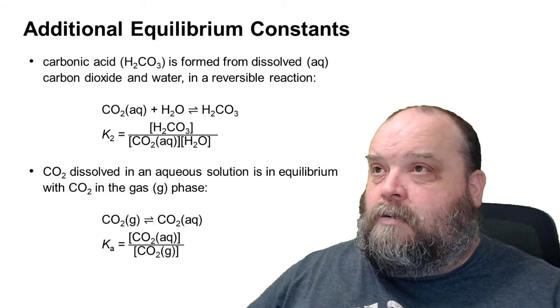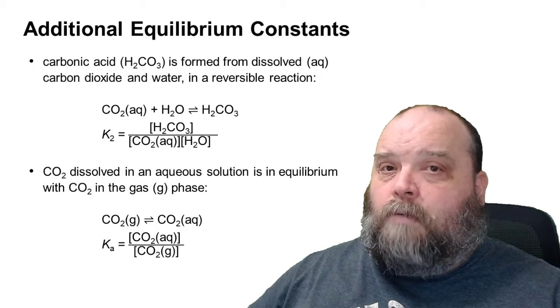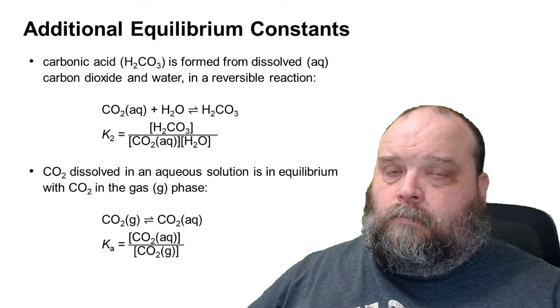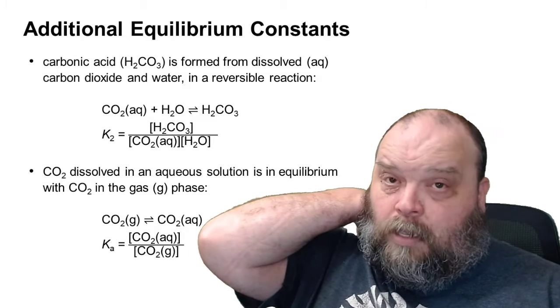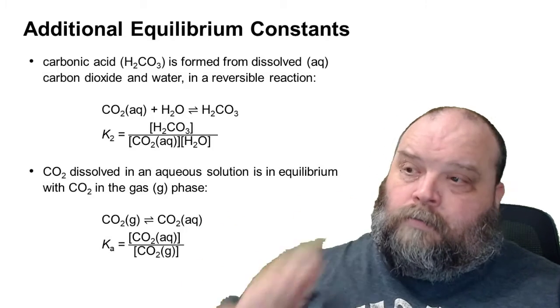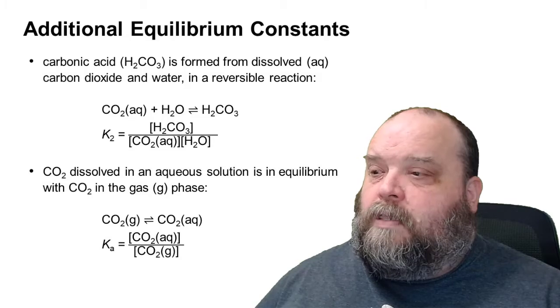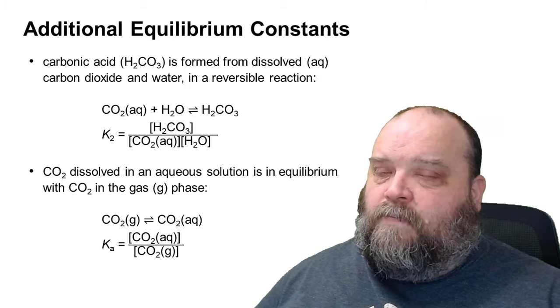How much is going to stay is going to depend upon the partial pressure of CO2 in the atmosphere you are breathing. How much is out there? How much is passing back and forth, in and out through your lungs? The bicarbonate buffer system is going to be there to help maintain a pH, as I said, of roughly 7.4.